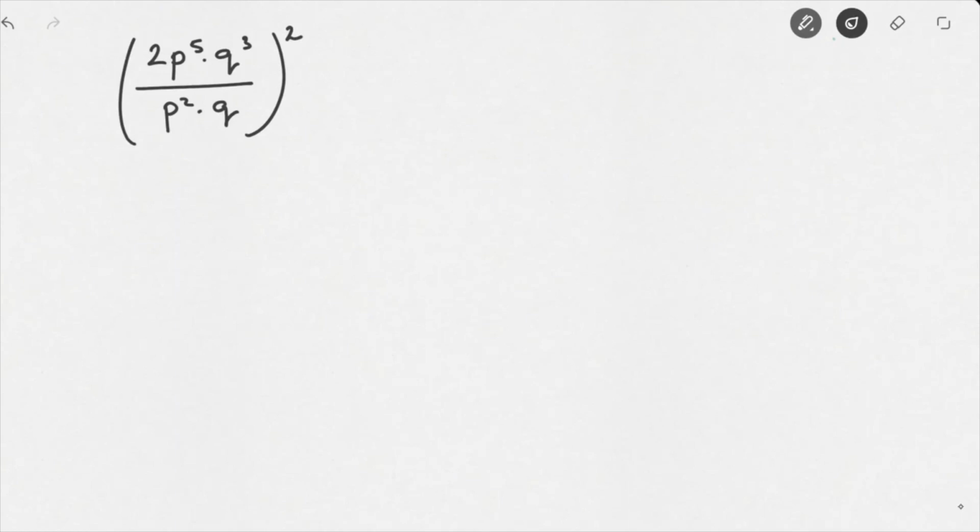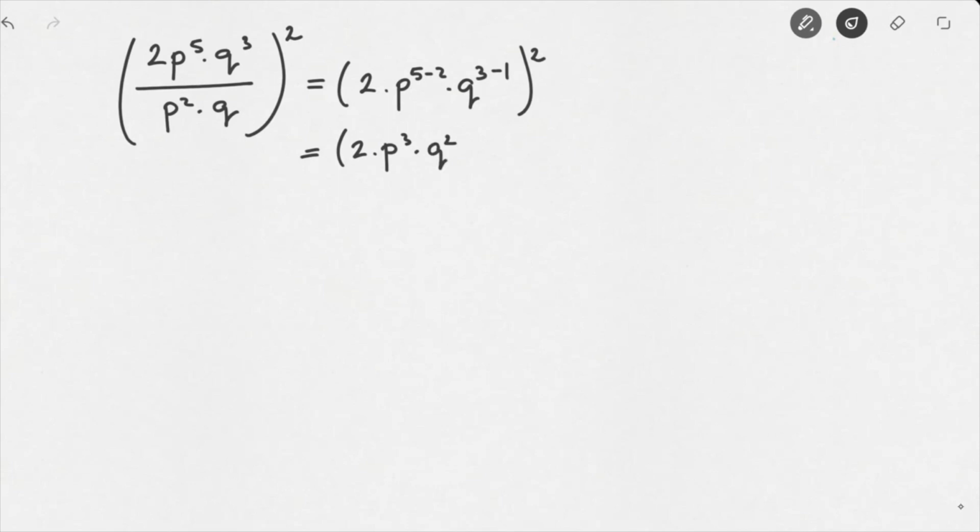So let's get started. We can see that this is equal to 2 times p to the power of 5 minus 2 times q to the power of 3 minus 1. And all of that should be raised to the power of 2. This leads us to 2 times p to the power of 3 times q to the power of 2, raised to the power of 2.